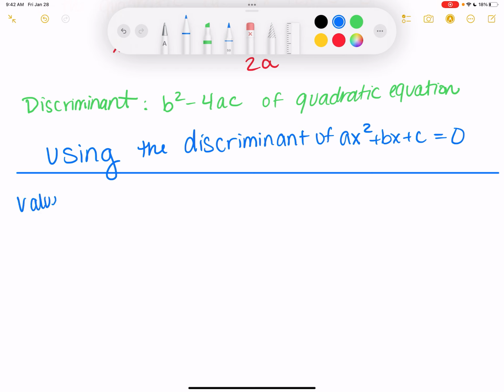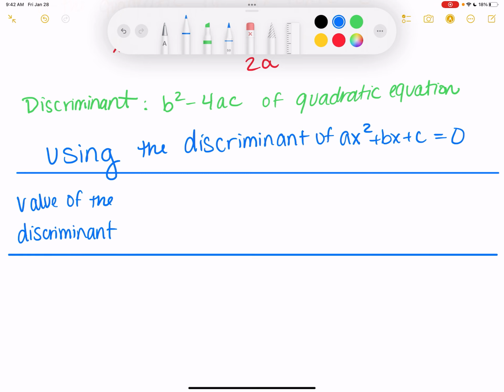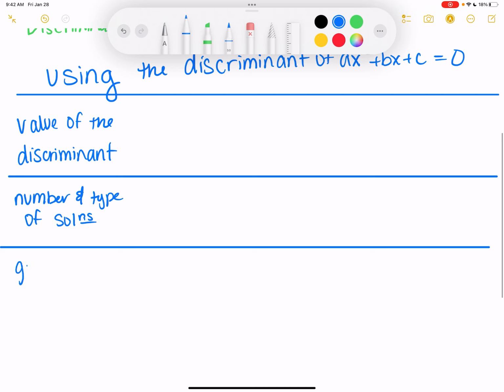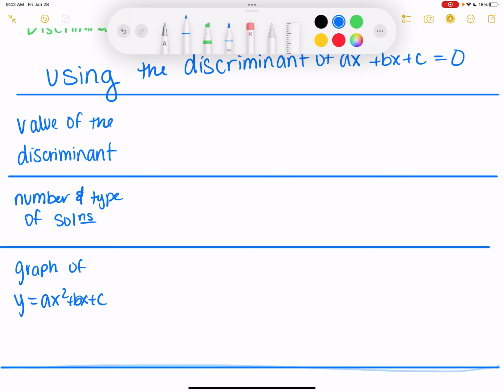We're going to have the value of the discriminant, the number and type of solution, and then the graph of y is equal to ax squared plus bx plus c, just to help us see what's happening.